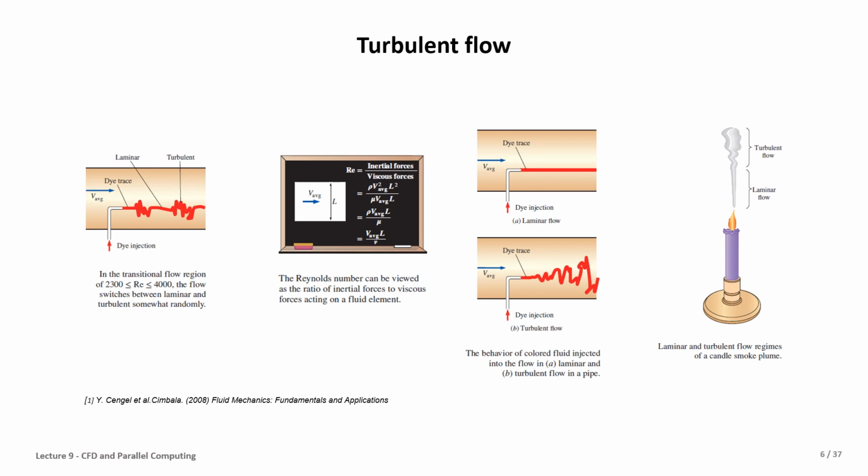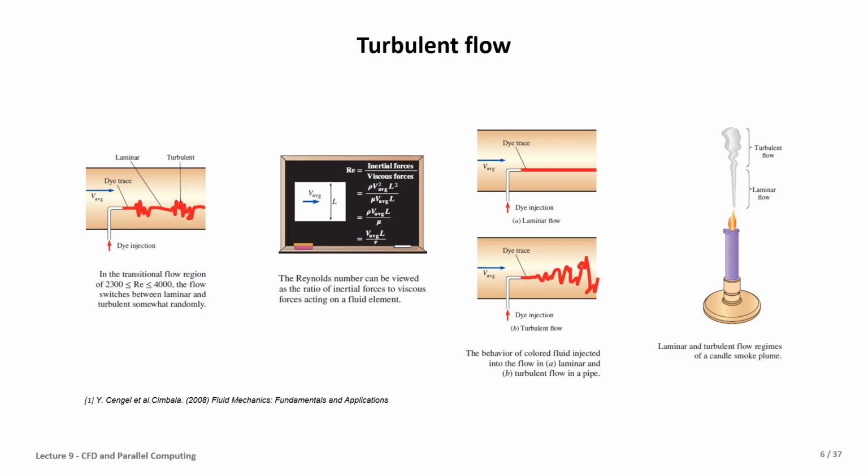So here we will start to have some practical examples and understand the complexity of this phenomenon. Then we will carry on to see the available numerical methods to solve this type of flow.